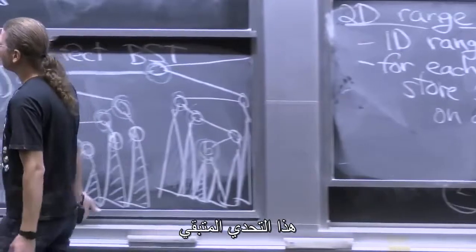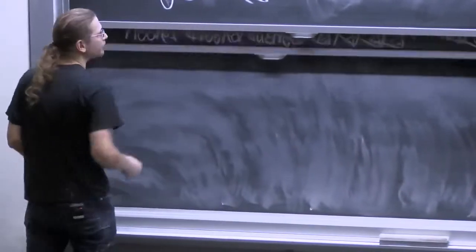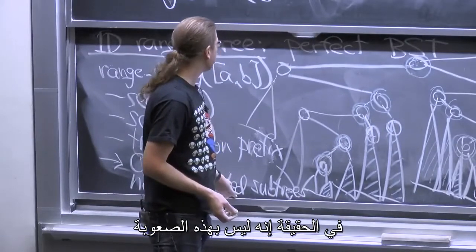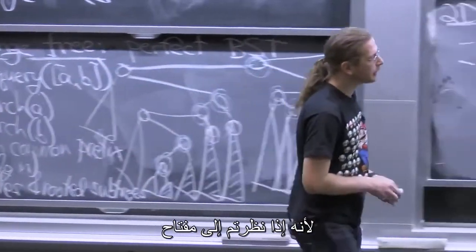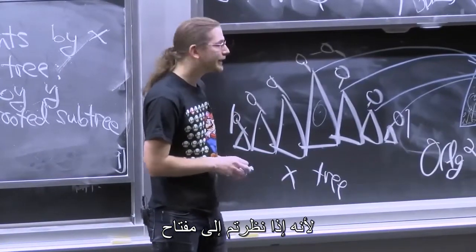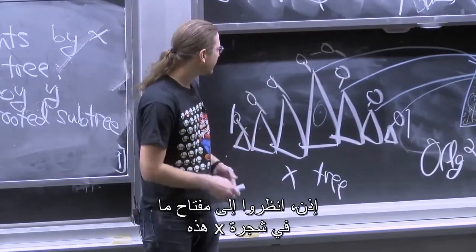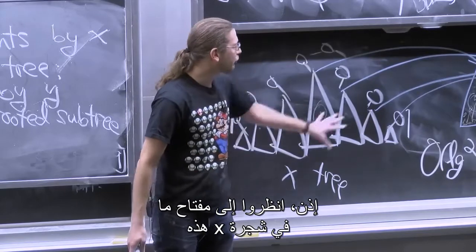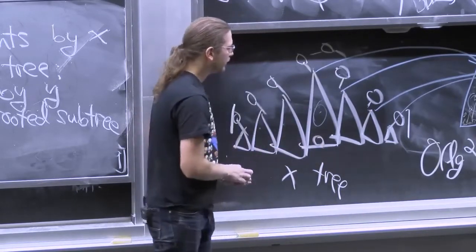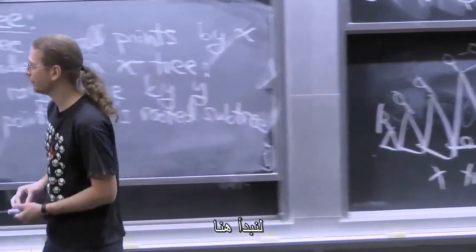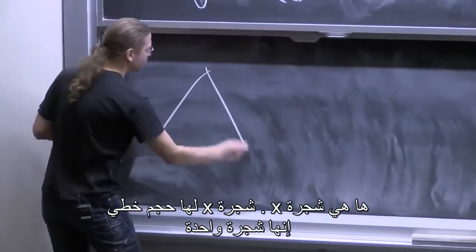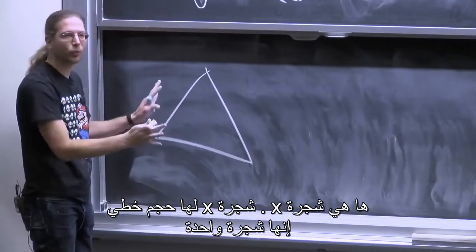That's the remaining challenge. Actually, it's not that hard, because if you look at some key in this x tree, let's look at a leaf, because that's maybe the most interesting. Here's the x tree. The x tree has linear size, just one tree.